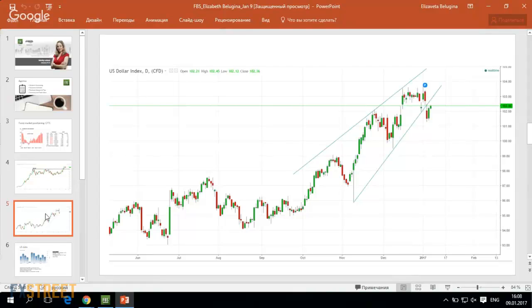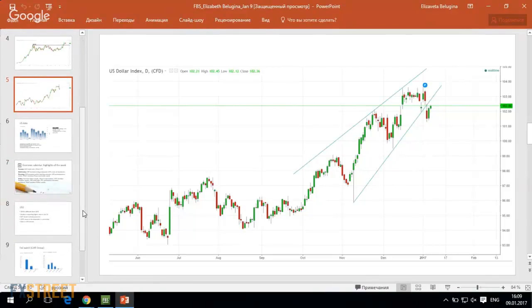So we can see that the American currency has some barriers on the upside and on the downside. Perhaps I can say that the obstacle on the upside is closer to the current market price, and there is more scope for movement to the downside before we hit some serious support level at 100.50 points for the US dollar, and let's bear this in mind.